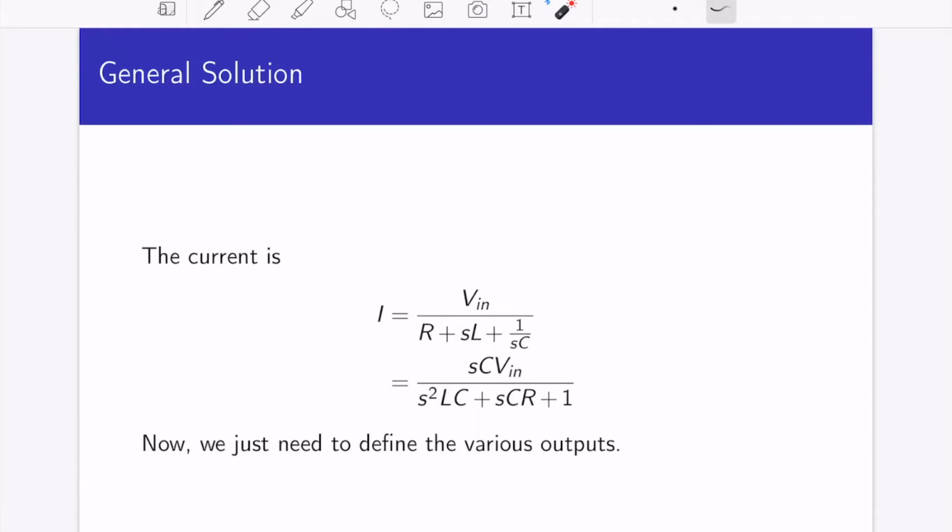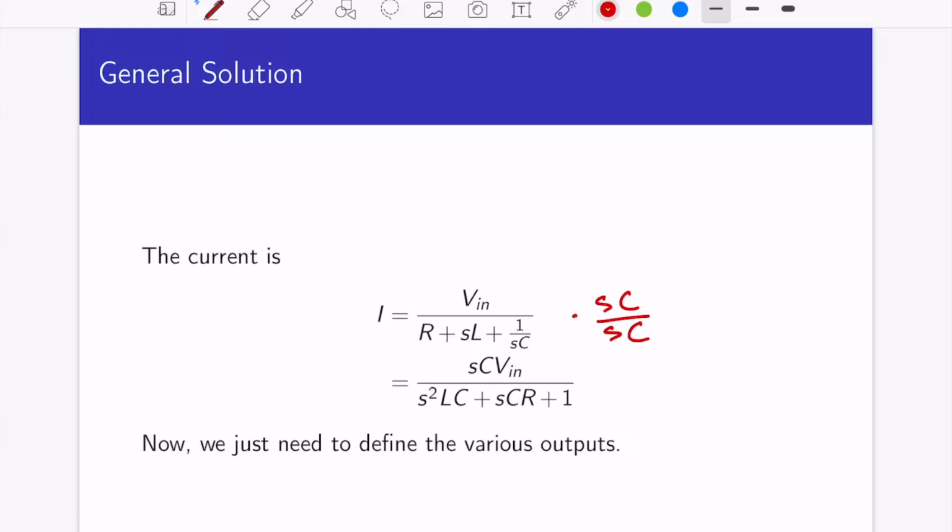So then let's multiply the numerator by SC and the denominator by SC, and we end up with SC Vin over S squared LC plus SCR plus 1. And this is what I generally do. I clear all the fractions in the denominator.